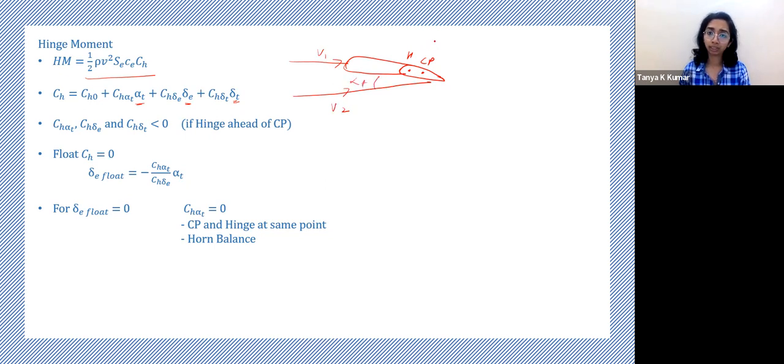So a lift is produced at the center of pressure. And so will you have a positive hinge moment or negative hinge moment? Due to this lift, will you have a positive or negative hinge moment?